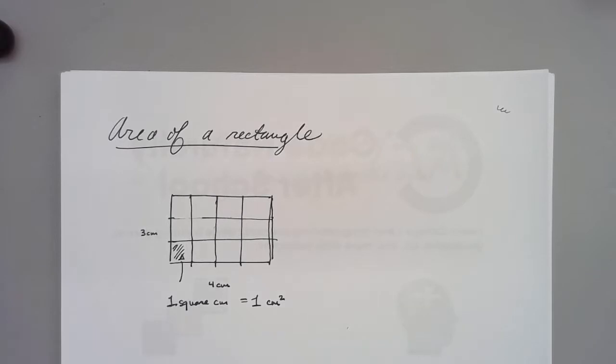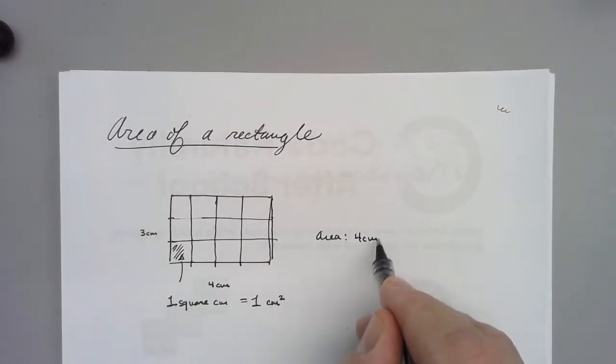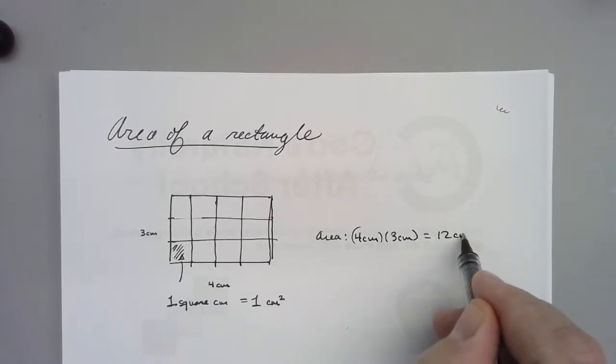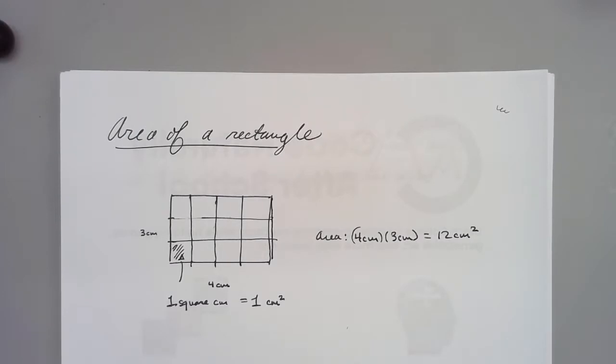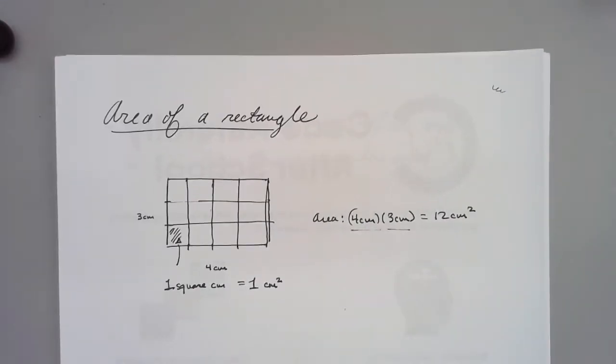And the quick way to count these squares, of course, is to multiply. This rectangle is 4 centimeters by 3 centimeters, so the area is 4 centimeters times 3 centimeters, and that gives 12 square centimeters. And we are going to take this formula as our axiom for area.